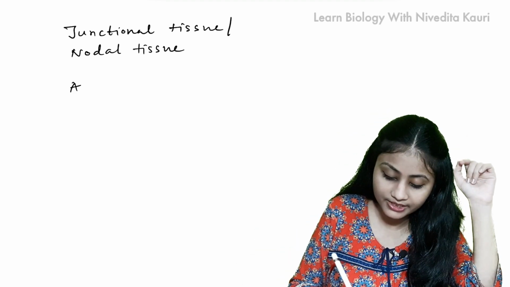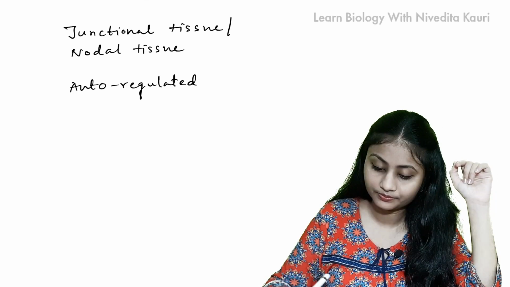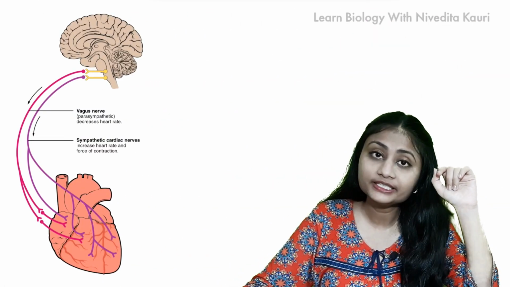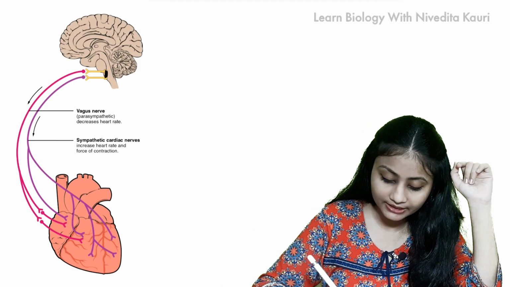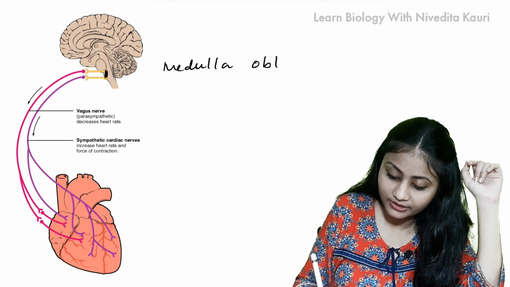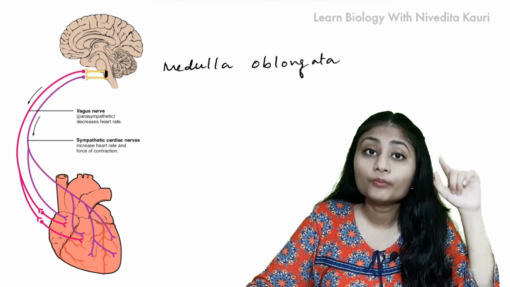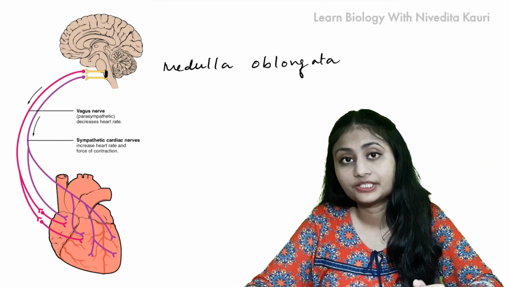So, our heart is auto-regulated. But there is a cardiac center in the medulla oblongata that can modify our cardiac activity.